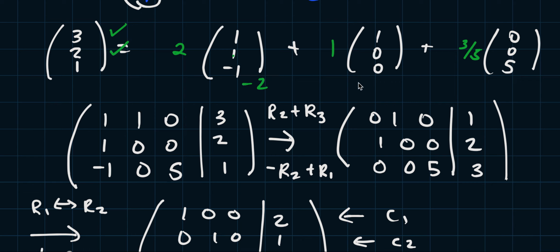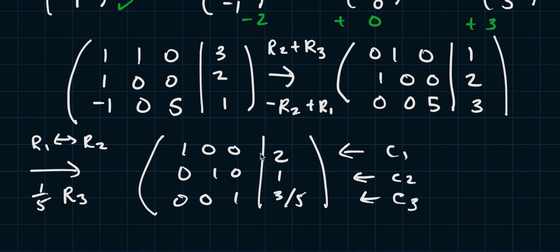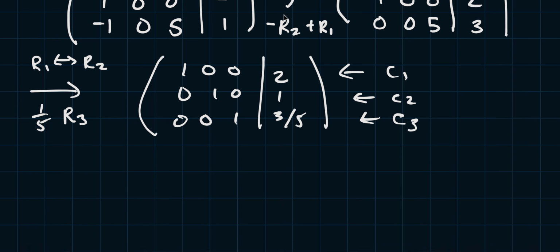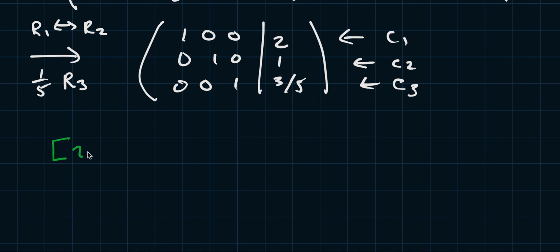Then negative 2 plus 0, these 5's cancel, plus 3, I get 1. So I found the solution here. And so you can see that this part right here is going to be our coefficient matrix. So V, in terms of our second basis, the coefficient matrix is 2, 1, 3/5.